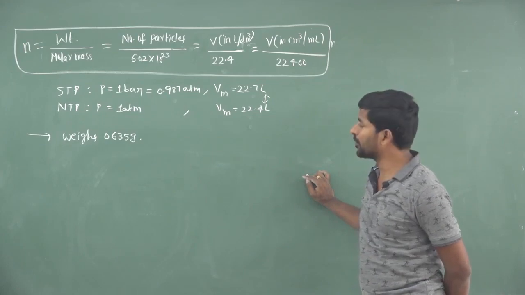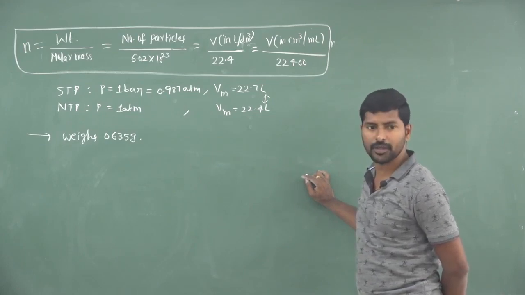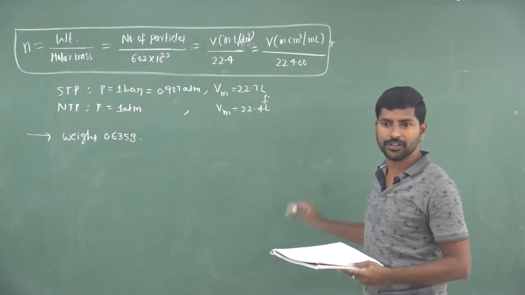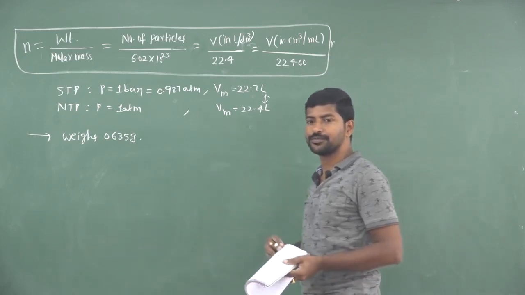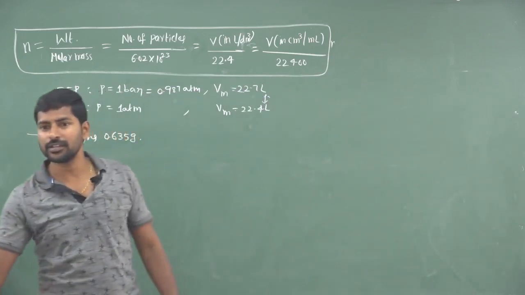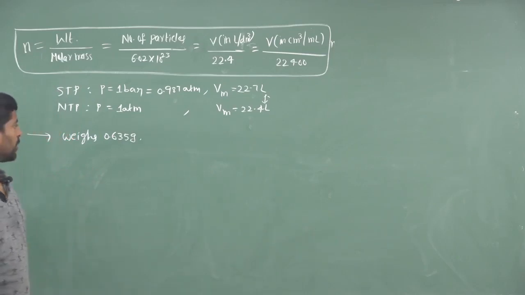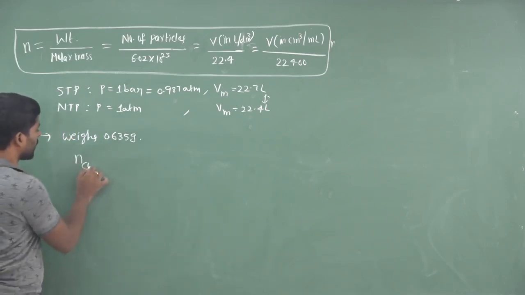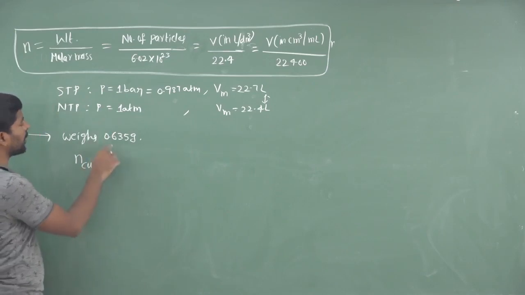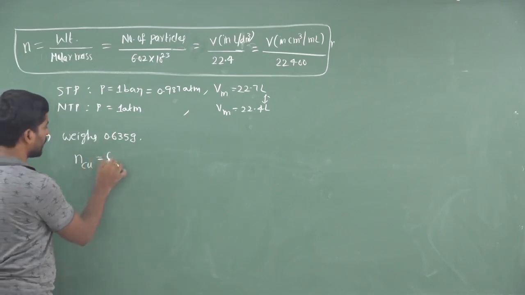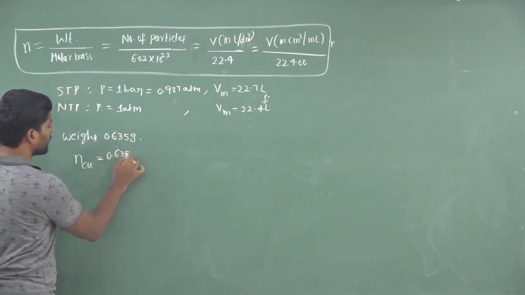Okay, weight of copper I am giving 0.635 grams. Then how many atoms of copper are present? First, what is the number of moles of copper atoms present in it? Number of moles is equal to weight by molar mass. So weight is 0.635.